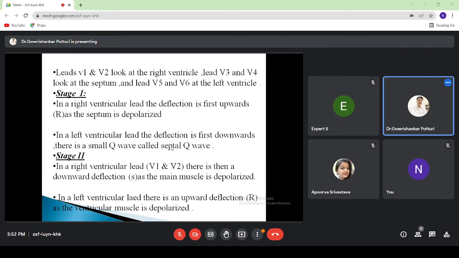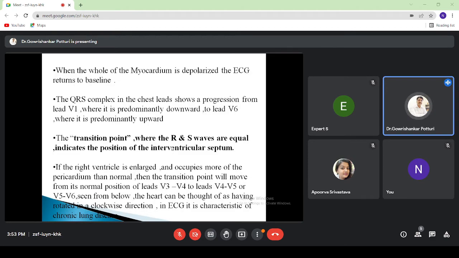In stage 2, in a right ventricular lead, that is V1 and V2, there is then a downward deflection as the main muscle is depolarized. In a left ventricular lead, there is an upward deflection, R wave, as the ventricular muscle is depolarized. When the whole of the myocardium is depolarized, the ECG returns to baseline.